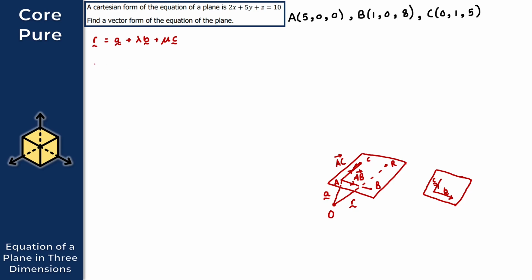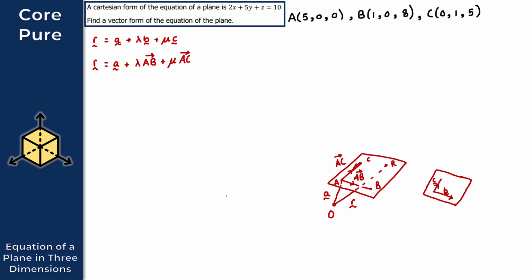So r is equal to the position vector A plus lambda times this vector AB. Don't forget lambda is just a scalar. And the same again with mu, so we get mu times the vector AC.